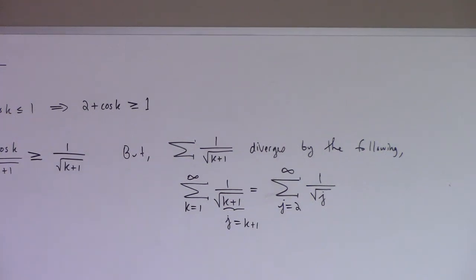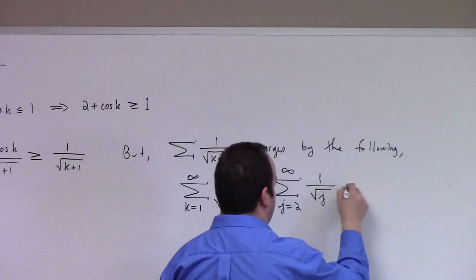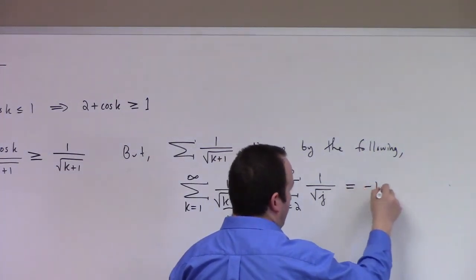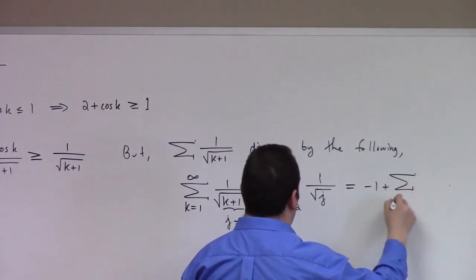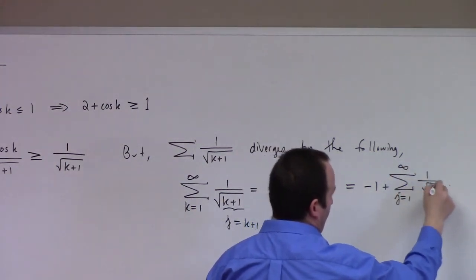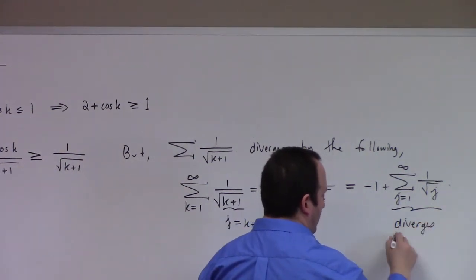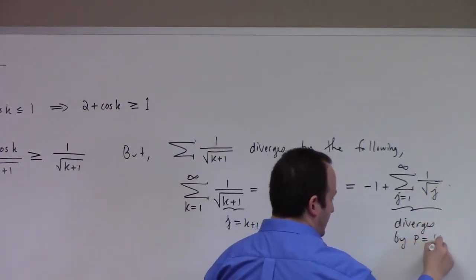Right. And if you just want me to be really pedantic about it, I know you don't, this is minus 1 plus the sum j equals 1 to infinity of 1 over the square root of j, right? But this diverges by the p equals 1/2 test.